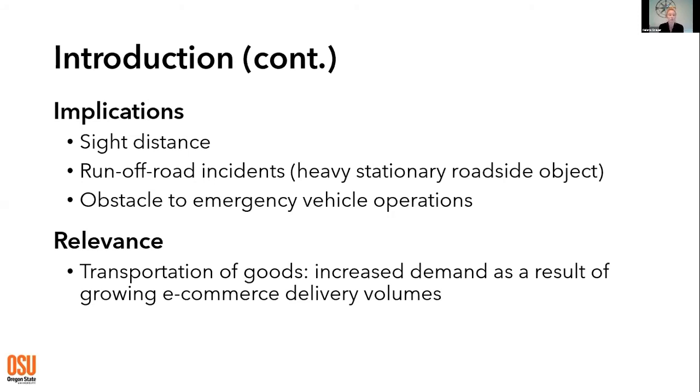And lastly, they would serve as an obstacle to emergency vehicle operations if emergency vehicles need to use the shoulder to access an incident. A parked commercial motor vehicle could make it impossible to get to the incident.